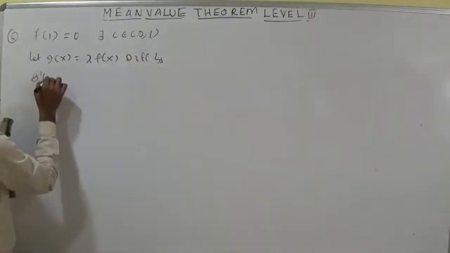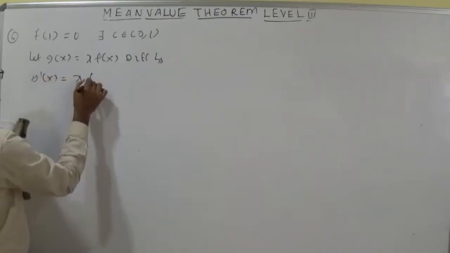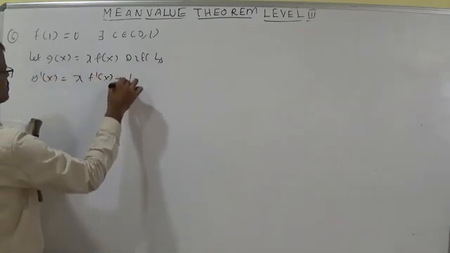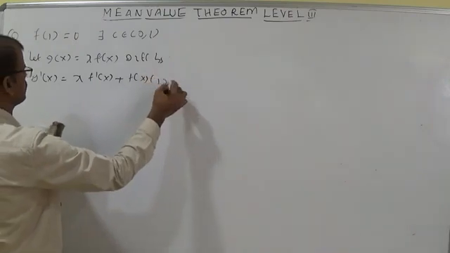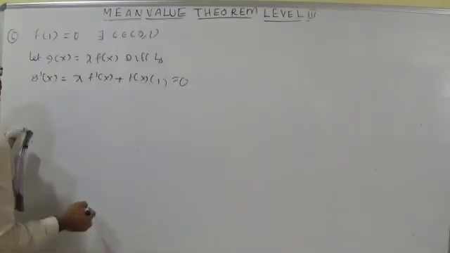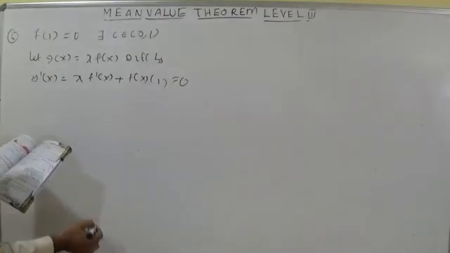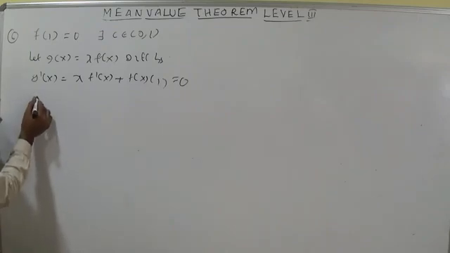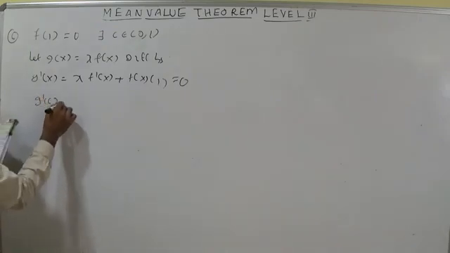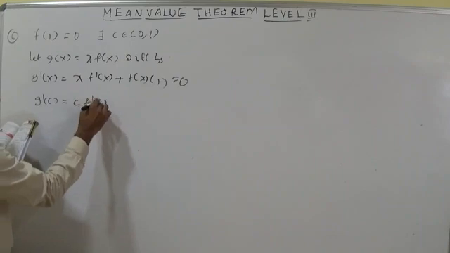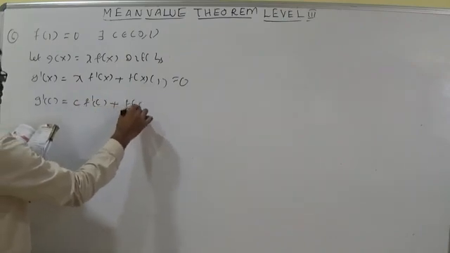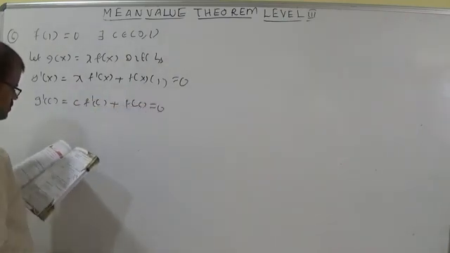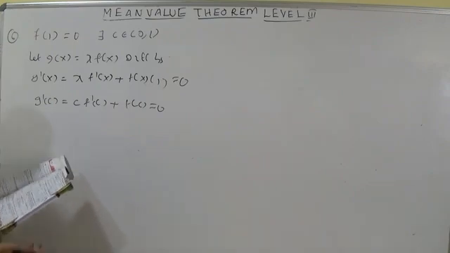Differentiating both sides, g dash x is equal to x into f dash x plus f of x into 1. Now g dash c is equal to c into f dash c plus f of c, equal to 0. We got the fourth option.